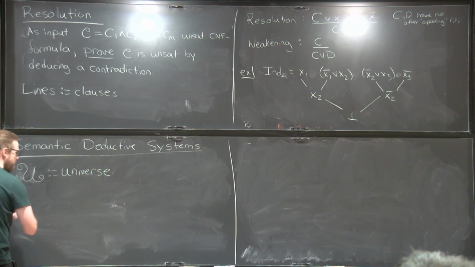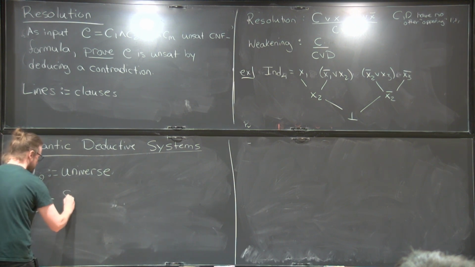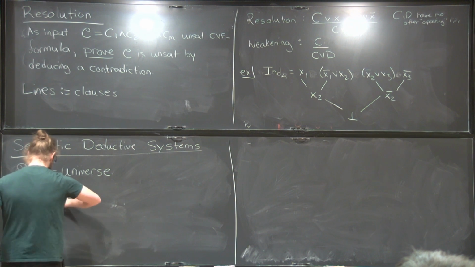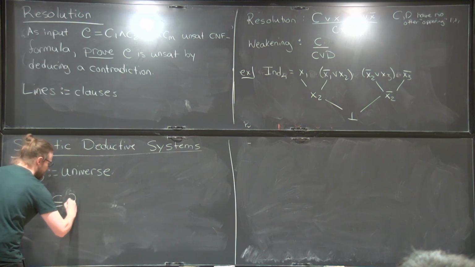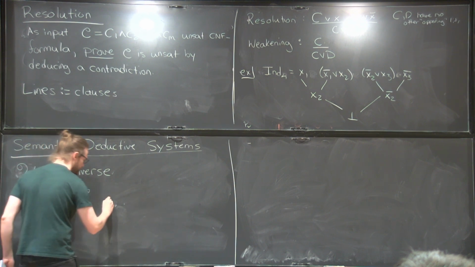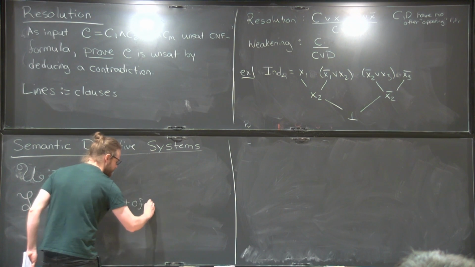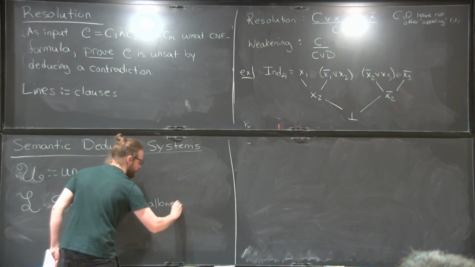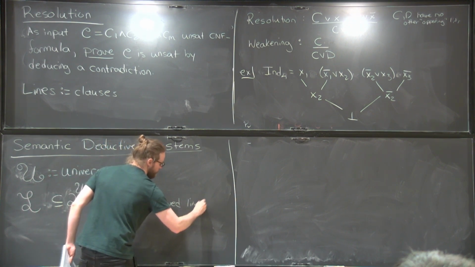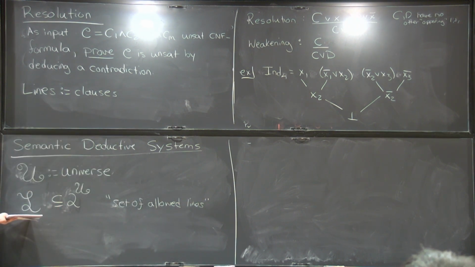And I'm going to have another set, L. This will be a family of functions over U, and you should think of this as being a set of allowed lines. So in the resolution case, it'll turn out to correspond to all the subcubes of {0,1}^n. Okay?